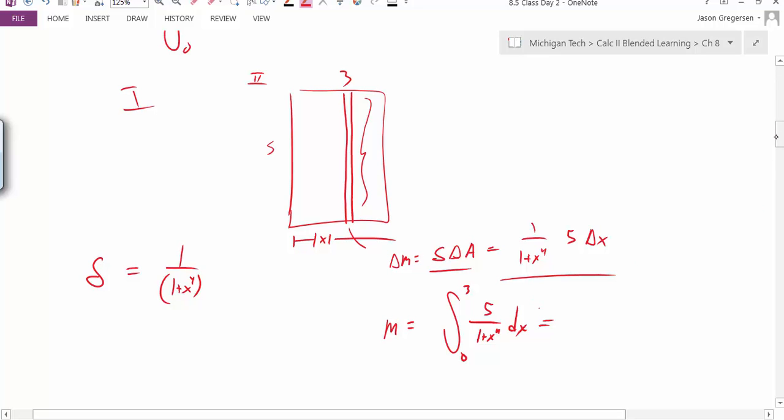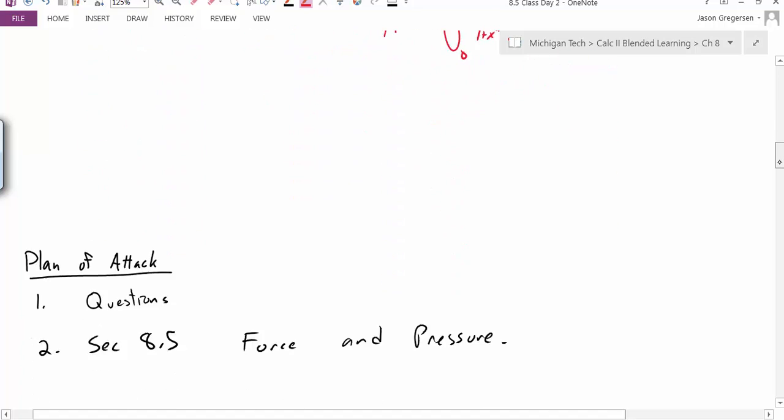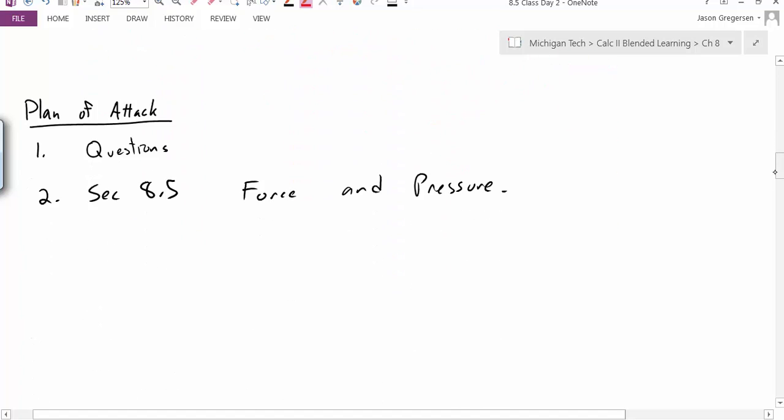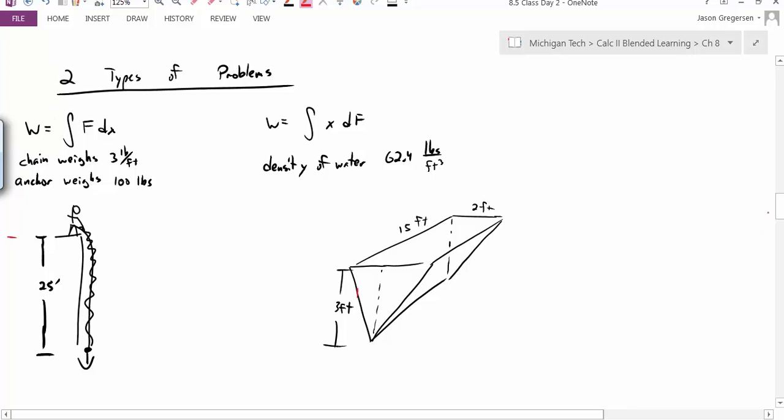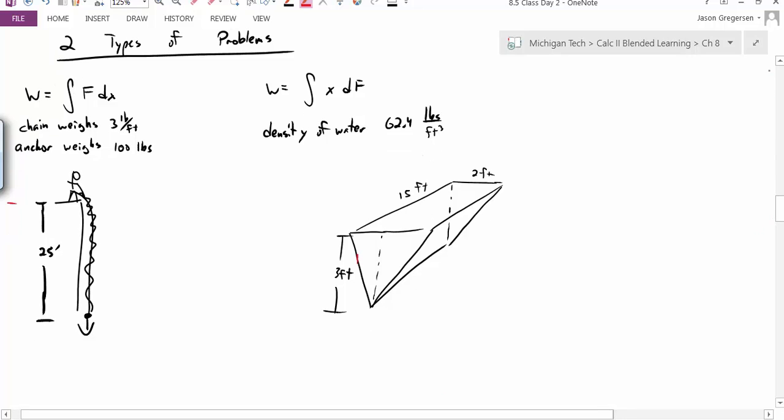All right, let's finish up our lesson for 8.5 here. So last time we were talking about the introduction to these new physics problems, work, and later we're talking about force and pressure. And so we set up the formula they gave us in the book, work equals force times distance.